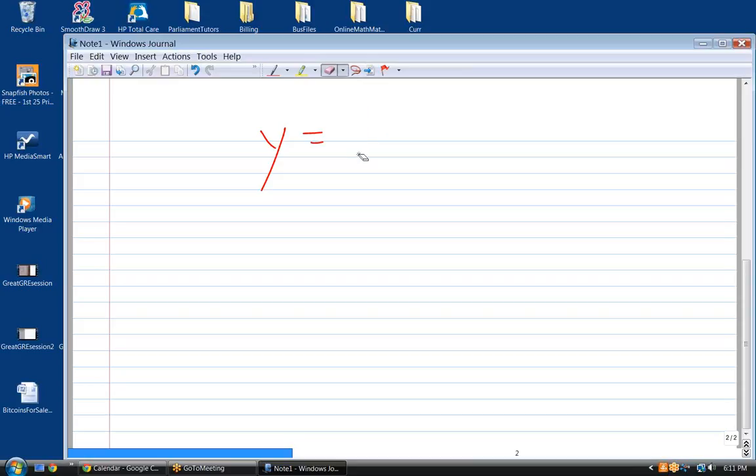If I say y equals x, x can be any number on the number line, and y would be the same thing. So the domain for x would be all real numbers. The range for y would be all real numbers. If I say y equals the square root of x, now what is the domain for x? What can x be?